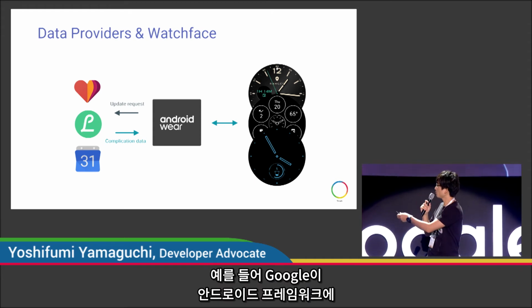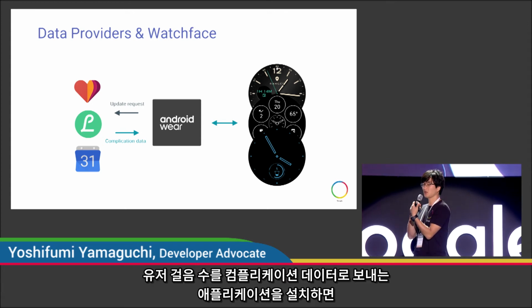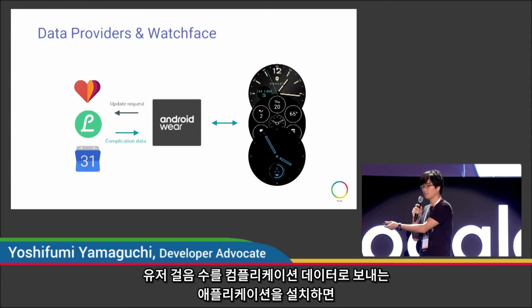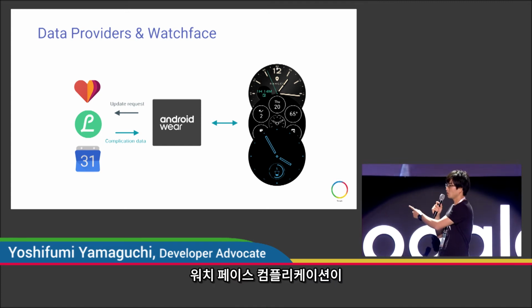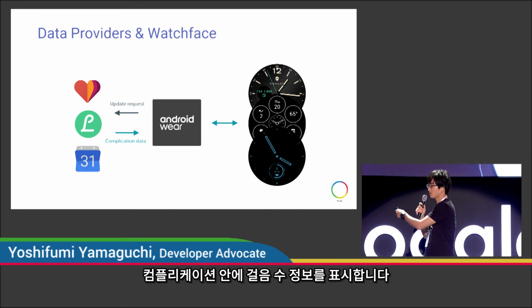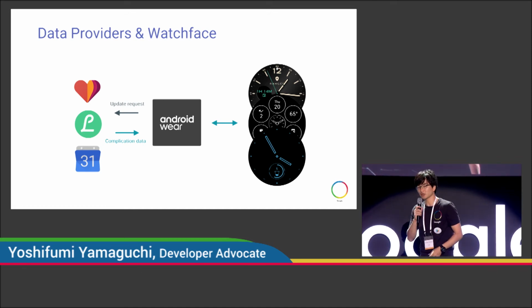For example, if the Google Fit application sends the user's steps as complication data to the Android Wear framework, then the watch face complication can show the number of steps inside the complication.